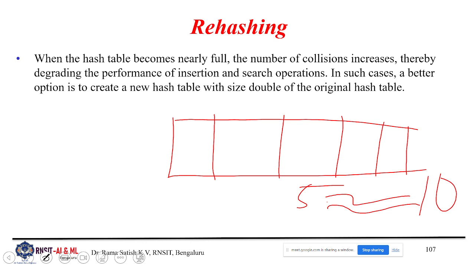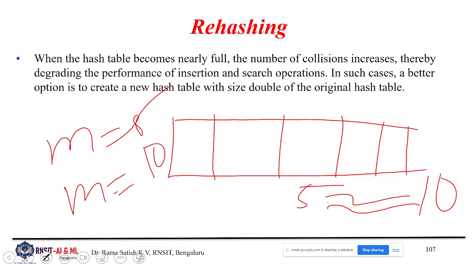So when the size becomes double, the M value, earlier 5, would become 10. So what I have to do is rehash.